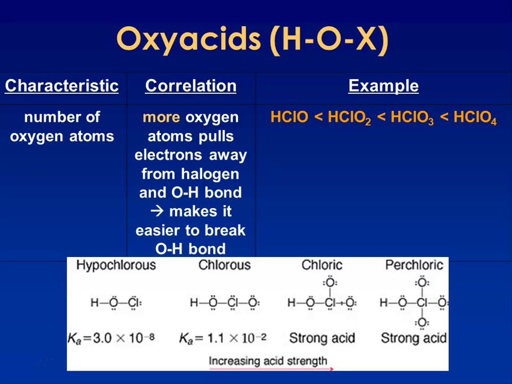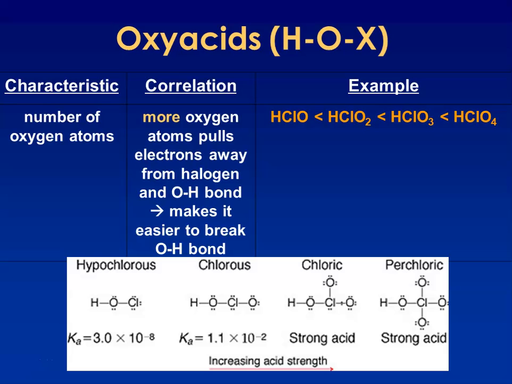HOClO, HClO2 is going to dissociate more than HClO, and HClO3 is going to dissociate even more than that. But the only one that's going to completely dissociate is the one that has the four oxygens attached to the chlorine atom.